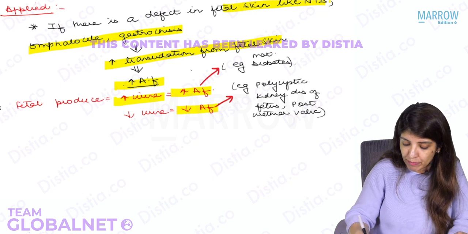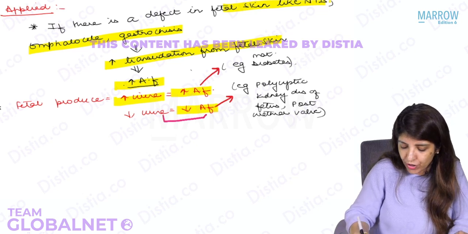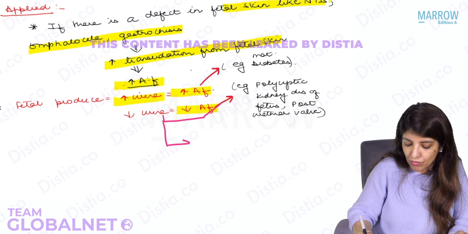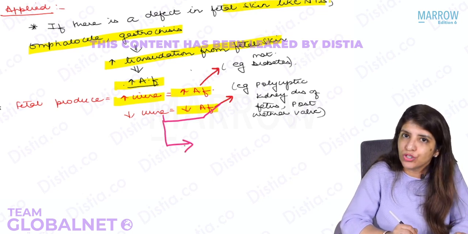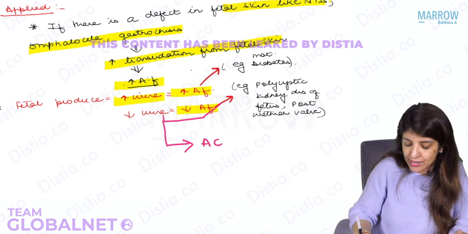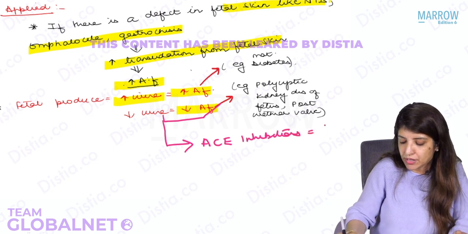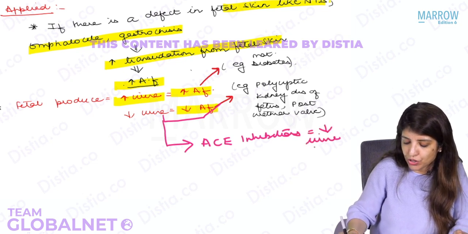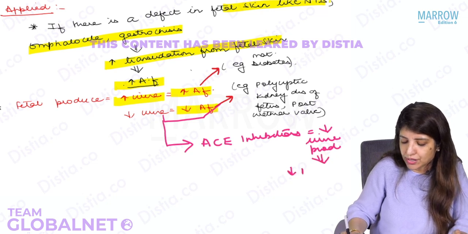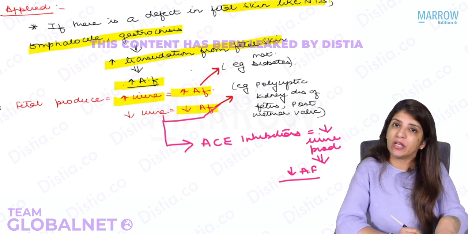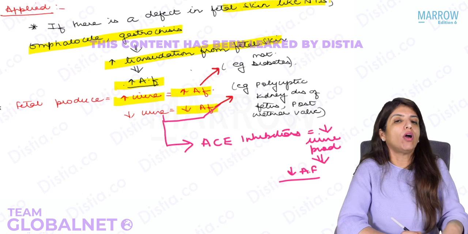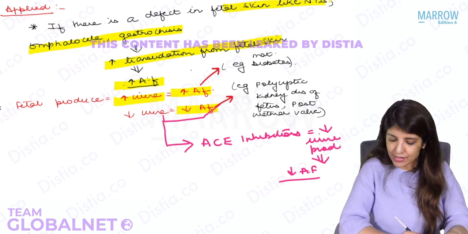Now, if you remember, in the video on teratogens, I told you there is a drug that is ACE inhibitors. What are ACE inhibitors going to do? ACE inhibitors decrease urine production. And because they decrease urine production, there is decreased amniotic fluid. So decreased urine production could be due to fetal kidney problems, or it could be due to certain drugs.